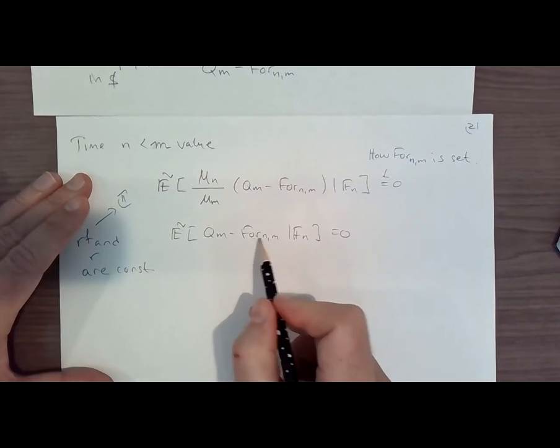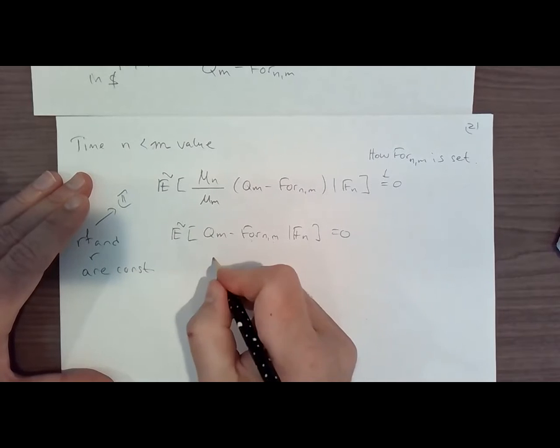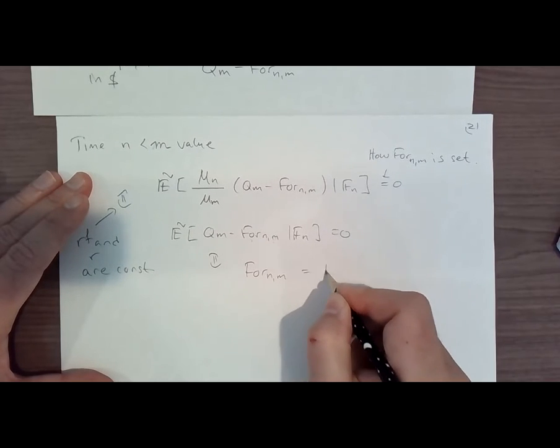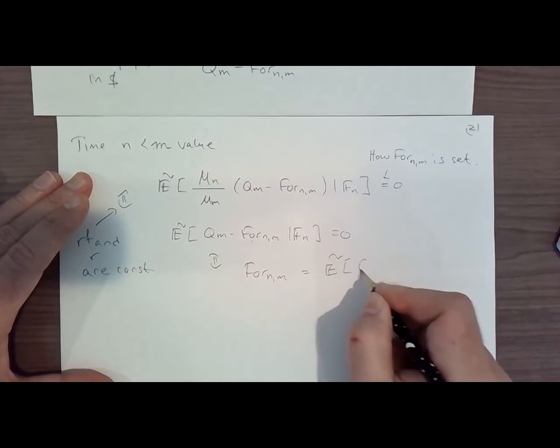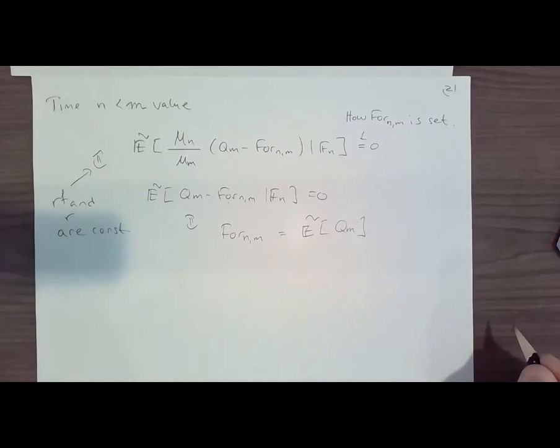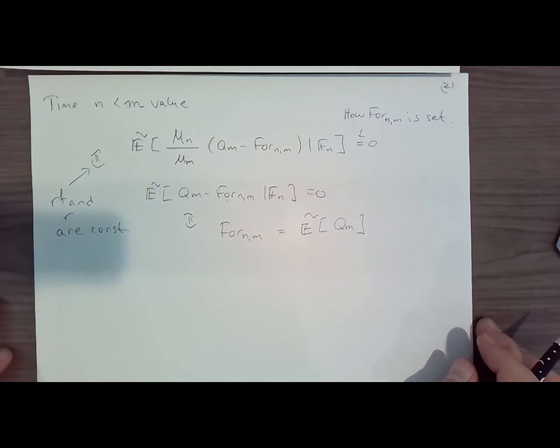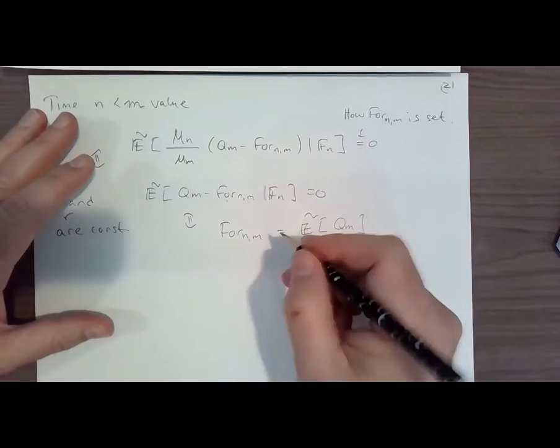And then you can use that this one here is measurable. So you'll get that the forward exchange rate is exactly the conditional expectation of that future exchange rate. This here, we should condition.